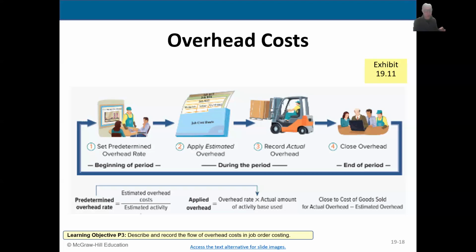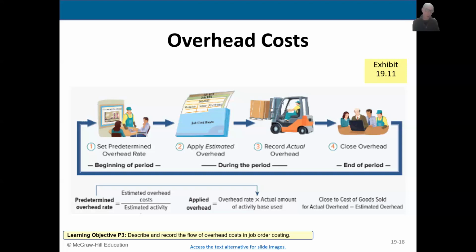The predetermined overhead rate is calculated by the estimated overhead costs divided by the estimated activity base. Okay, I'm going to break it out even further so we understand how it works.